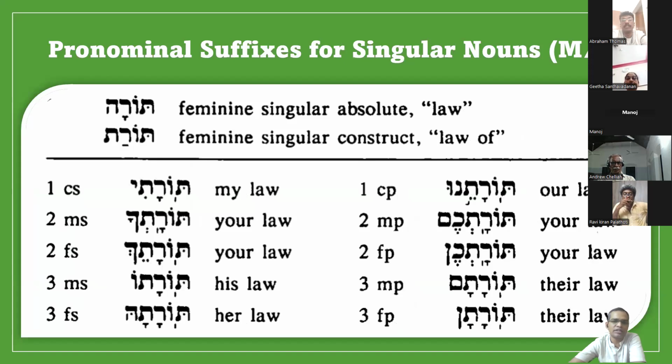One change is taking place here: the second syllable in torat carries a short vowel, and since it is in a closed syllable, a short vowel is no problem. But if it becomes an open syllable, then it has to be lengthened. That is why that patah is becoming qamets when we conjugate it.